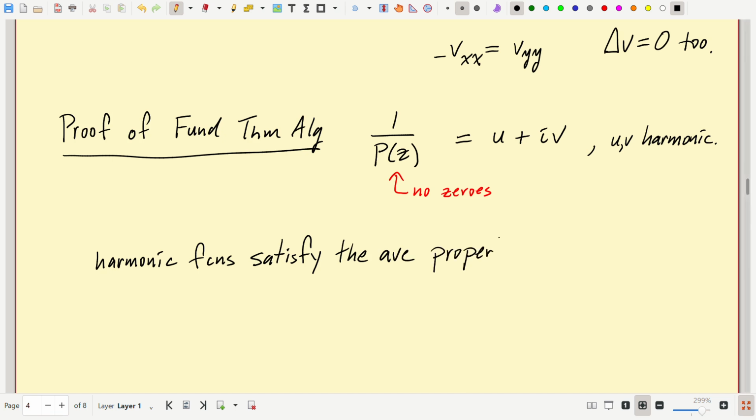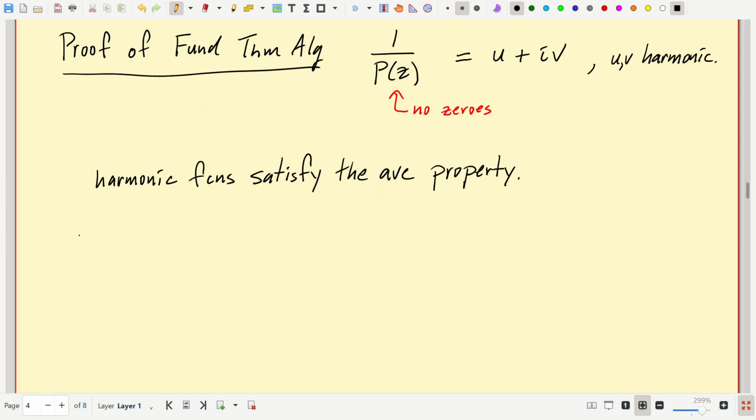Well, it turns out that polynomials grow as z goes out far away along big circles, like z to the n, in fact. And so 1 over p of z shrinks.